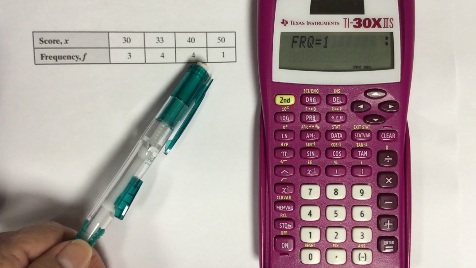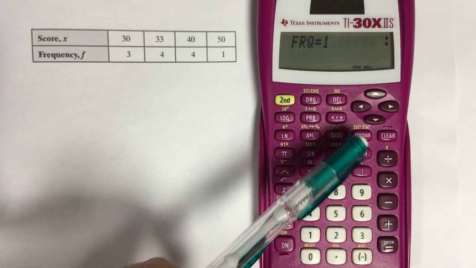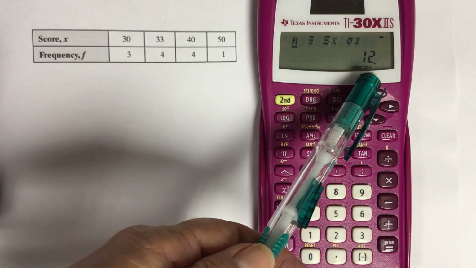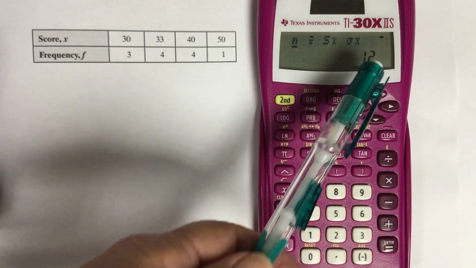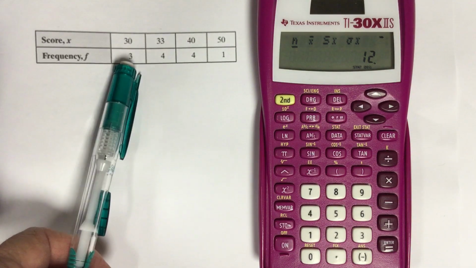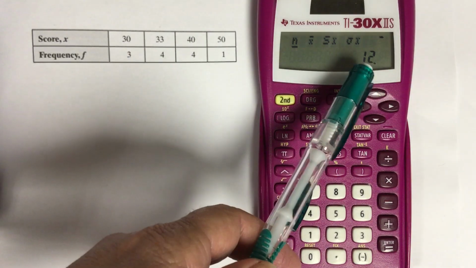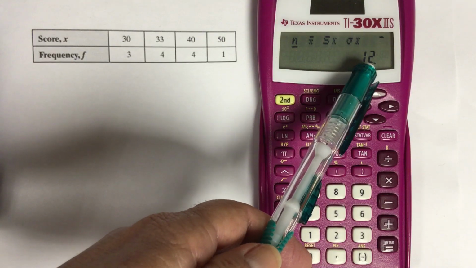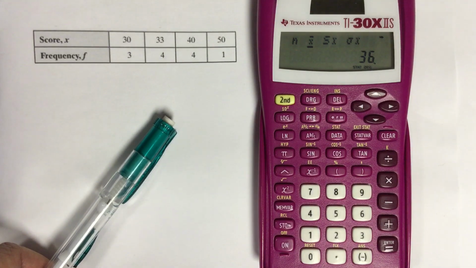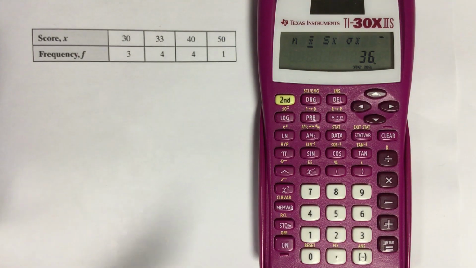So now I'm ready to calculate, so I hit stat var. Notice that they're telling us that the total number of values here is 12, and we know that 3 plus 4 plus 4 plus 1 is 12. So that's reassuring right there that we counted the right number of data values. And now when we arrow over to see the mean, it is 36, just like we expected.